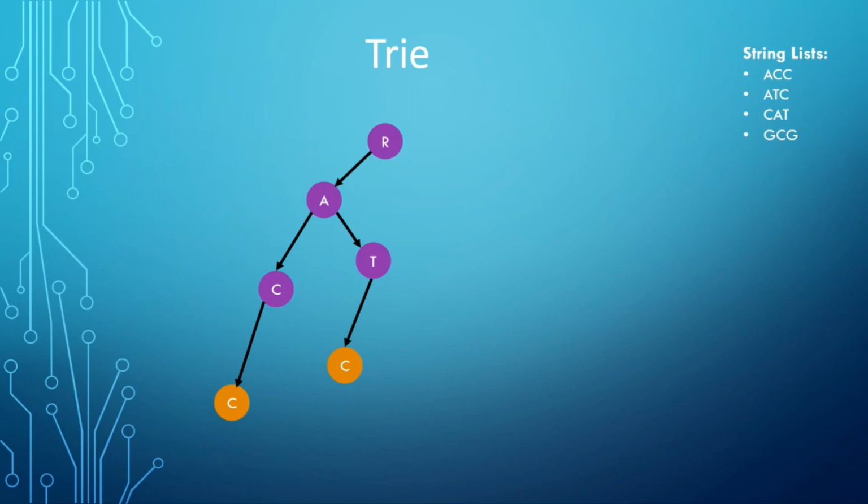Now we move to the third string which is CAT. R will search, do I have a state named C? No. We make a C. So it becomes our current node and also a child of R. C will search, do I have a state named A?